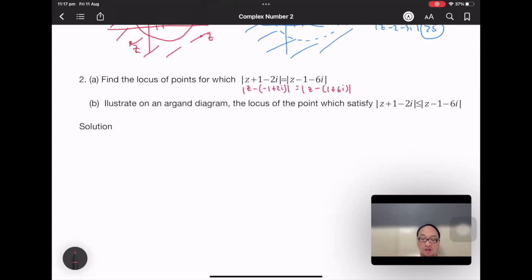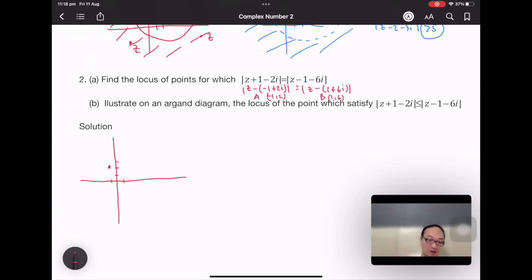So the coordinates will be negative 1 and 2, 1 and 6. So if we draw negative 1 and 2, here I name it A and this is B, 1 and 6.